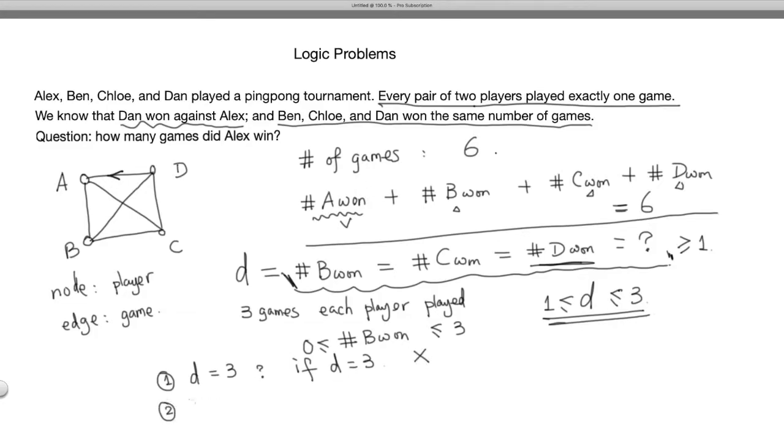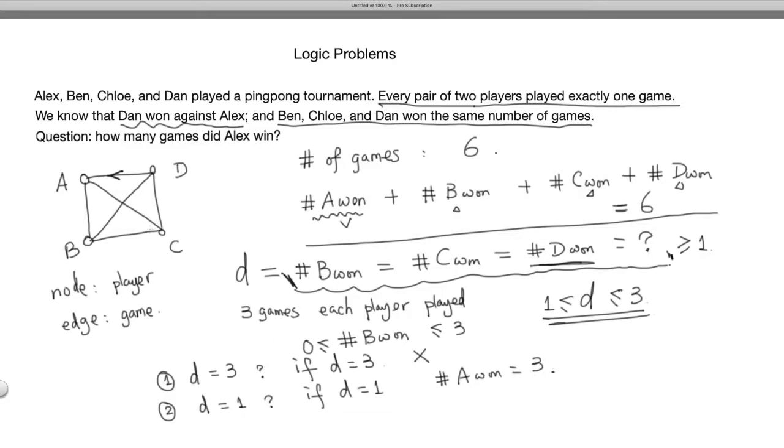Is it possible that D equals 1? If D equals 1, that means the number of games B1 is also 1, number of games C1 is also 1, and that means the number of games A1, since this is 1, this is 1, this is 1, is 3.